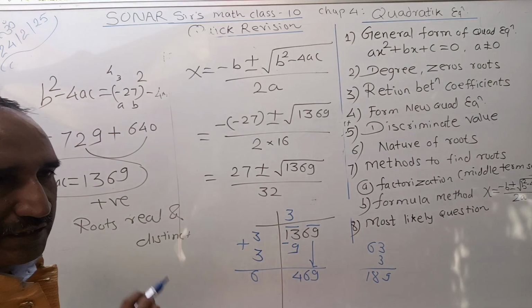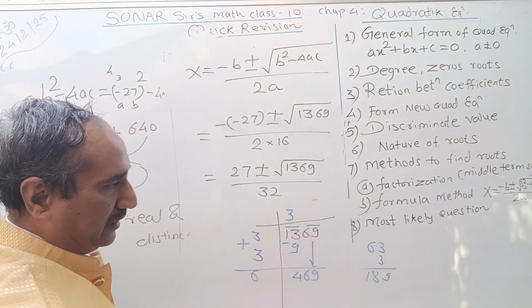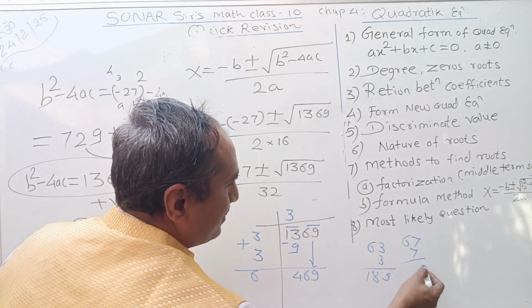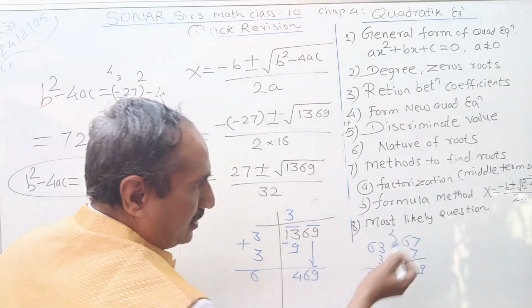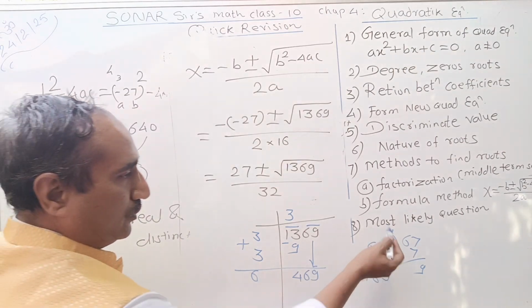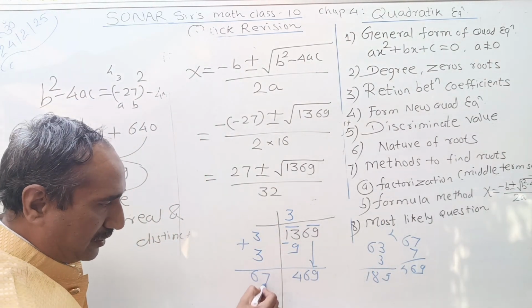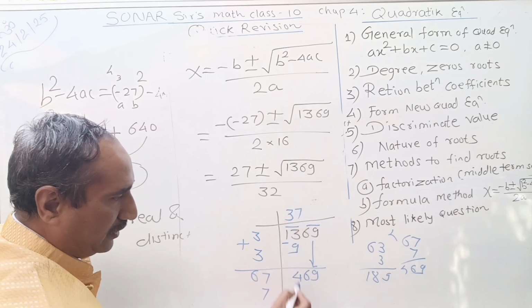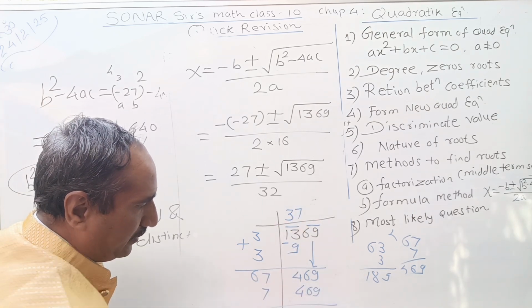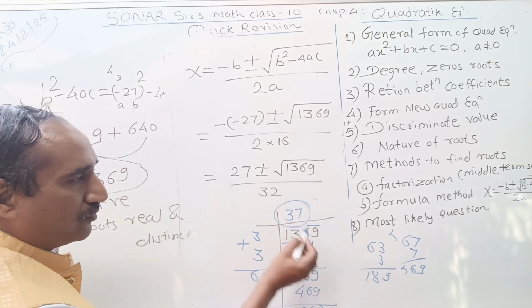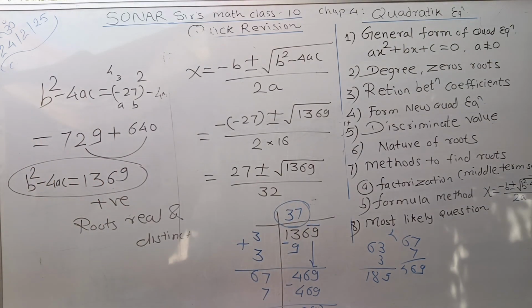After that 4 times 4 is 16, 5 times 5 is 25, 6 times 6 is 36, 7 times 7 is 49, 7 times 6 is 42, 42 plus 4, that is 46. So we got that number. We have to write it down 3 times. So 469. If we subtract, we get 0, and the square root of this number is 37.